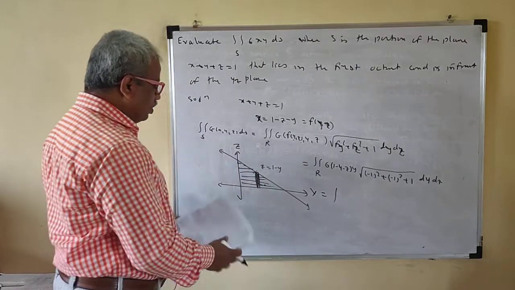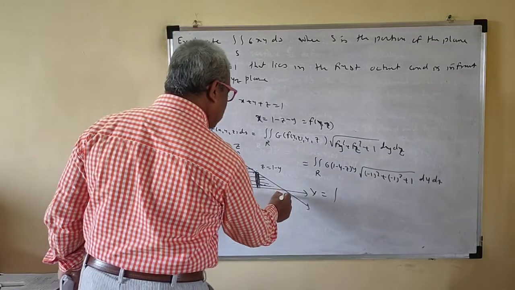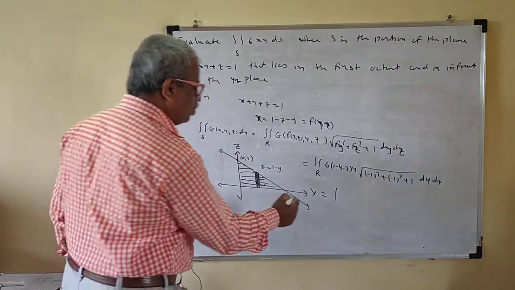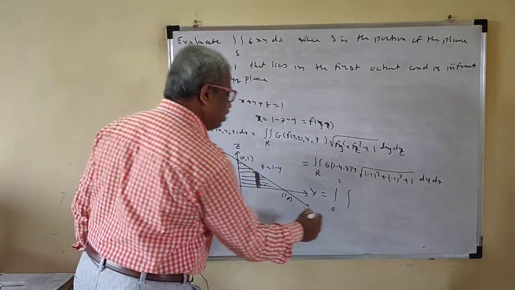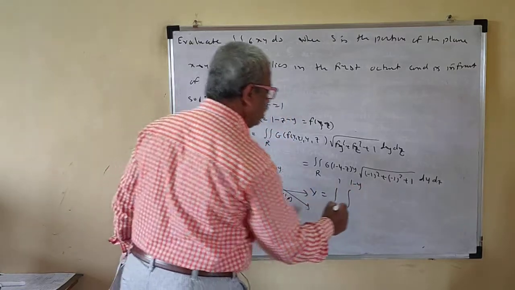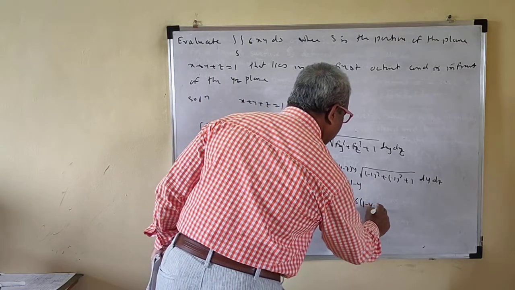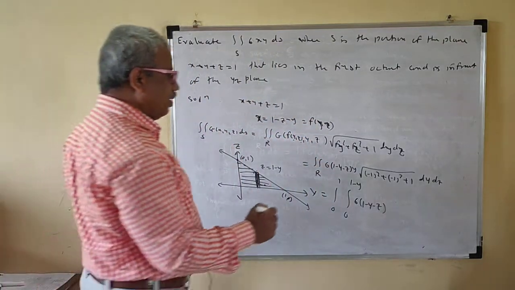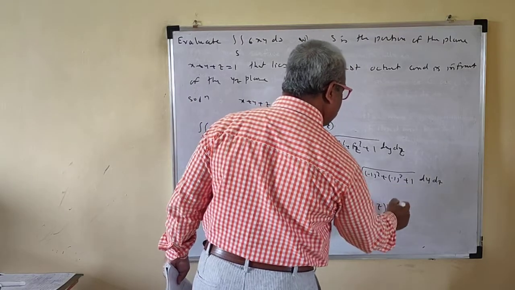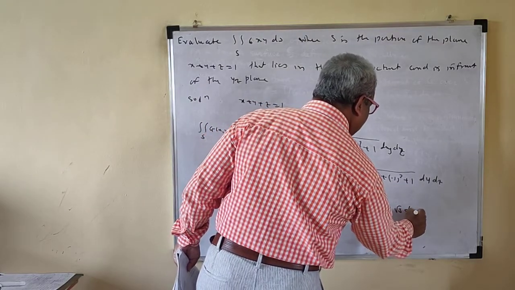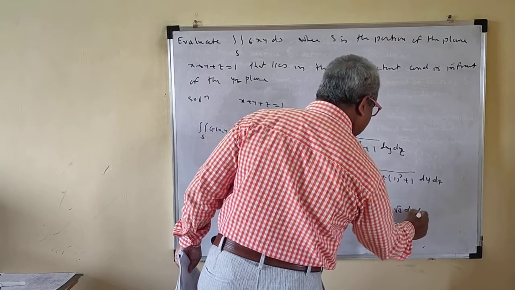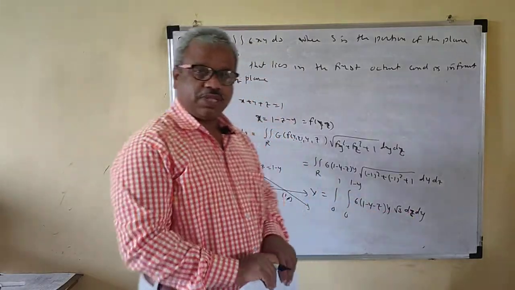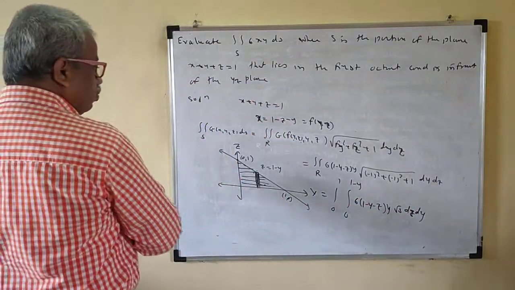The limits of y are 0 to 1, and the limits of z are 0 to 1 - y. So 6 times (1 - y - z) times y, which we multiply, times root 3, dz dy. These are the limits of z, so dz must be first, after that dy.